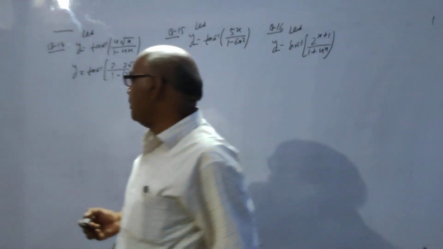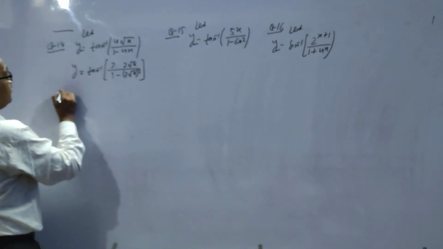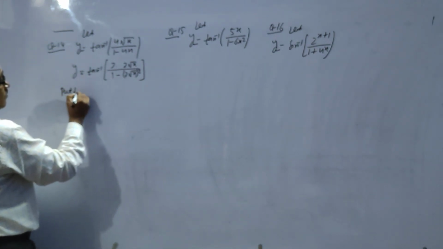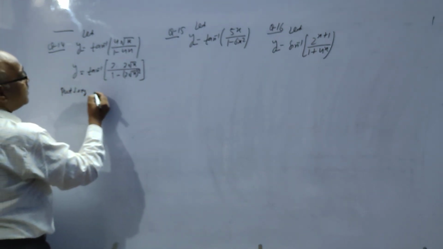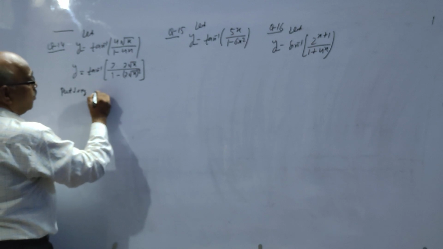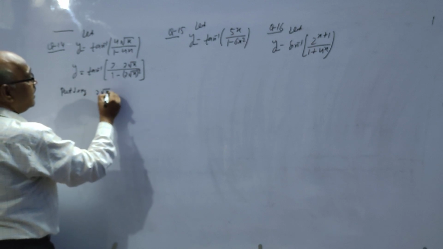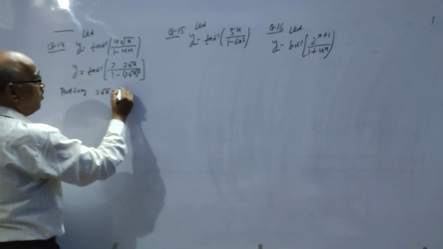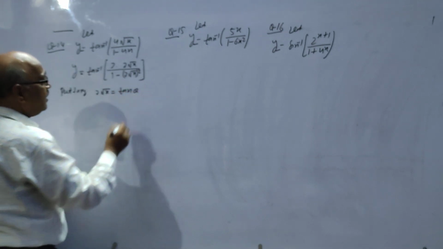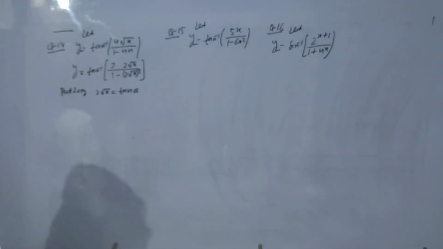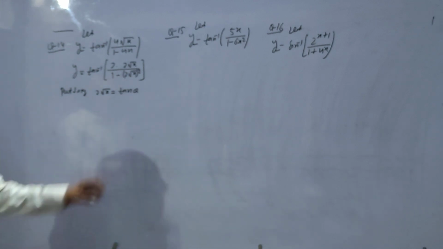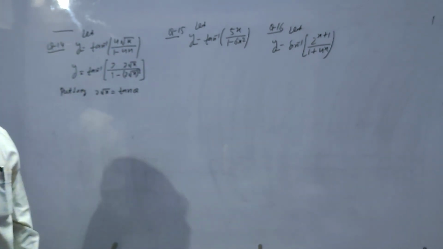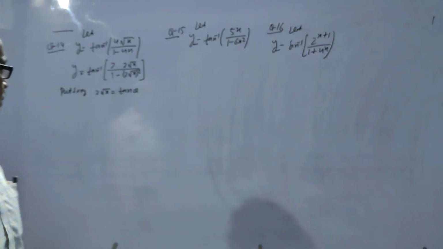So what we are going to substitute here, putting 2 under root x is equal to tan theta. Why tan theta? Because 2 tan theta upon 1 minus tan square theta is equal to tan 2 theta. And this entire expression is supposed to be converted in terms of tan only.